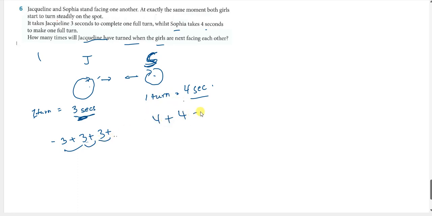The best way to find at what exact time both of them will face each other is to find the LCM of 3 and 4, because LCM is the least common multiple.